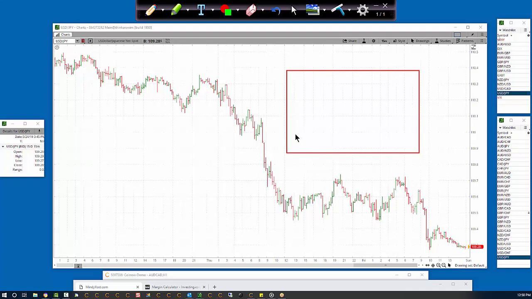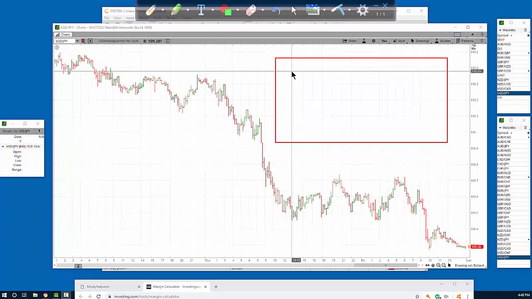So this red box would represent $100,000. Now, if you're working without leverage, if you wanted to buy one lot of USDJPY, you would have to pay $100,000, right?